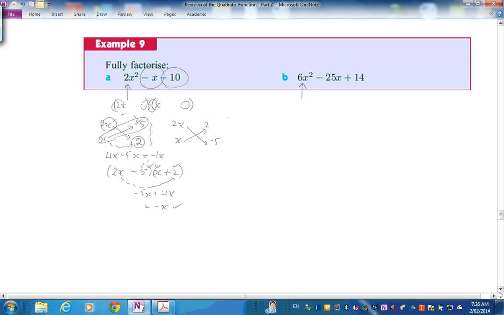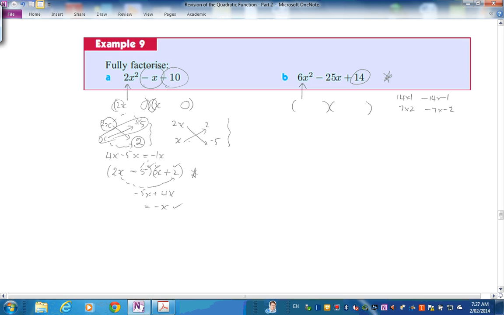I don't know whether you want to use this cross method or just use trial and error in the brackets. Let's have a look over at this one. Is there a common factor? Nope. So we have two brackets. Down the end it'll be 14 and 1, or 7 and 2, or could be -14 and -1, -7 and -2, couldn't it?